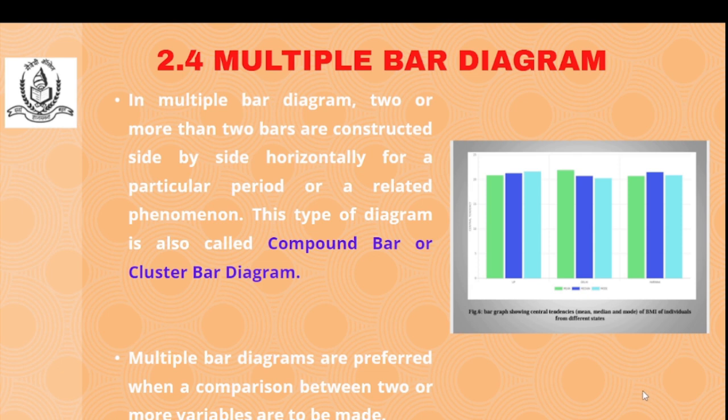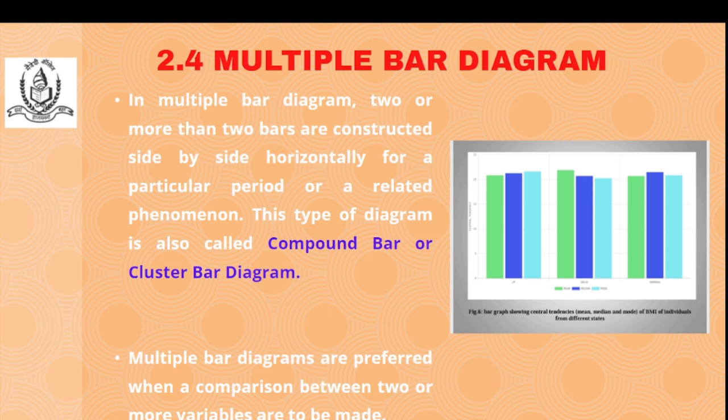The fourth and final type of bar diagram is the multiple bar diagram. It is very clear from the name itself that multiple bars are used, but where, in what context? Here I would like to remind you of the divided bar diagram. Here again, in a similar manner, different components of a variable are represented by multiple bars.